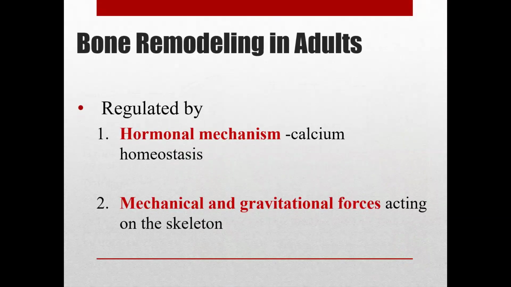All right. So we build and remodel bone based on calcium homeostasis and gravitational or mechanical forces. That's the stress put on bone. So number two is, well, this is the overall heading: what keeps bone healthy? Remember, we have two parts of bone.